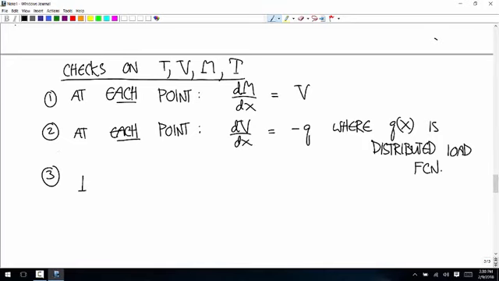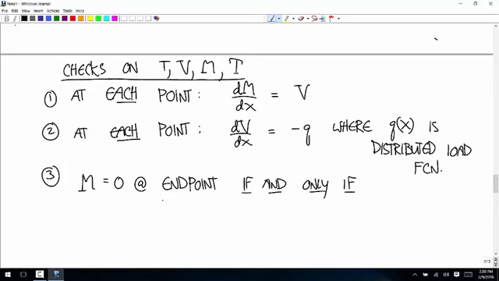Third, the bending moment is equal to 0 at an endpoint if, and only if, there's no point couple at that endpoint.